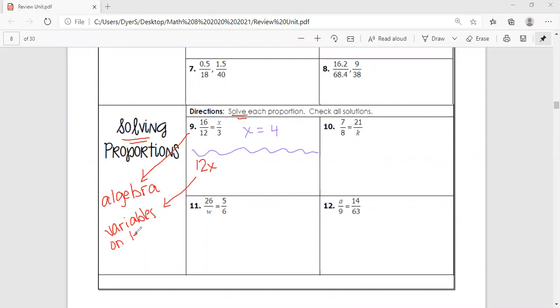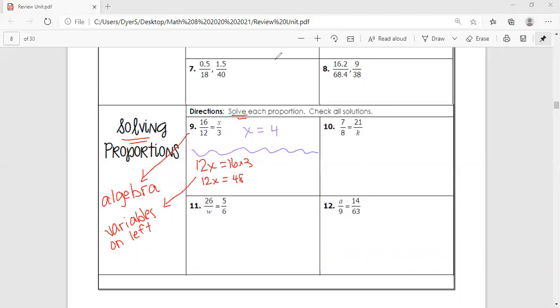You don't always have to do that, but this helps us keep our work organized. Okay, so variables on the left, 12x equals 16 times 3. Okay, so that means that 12x equals 48.